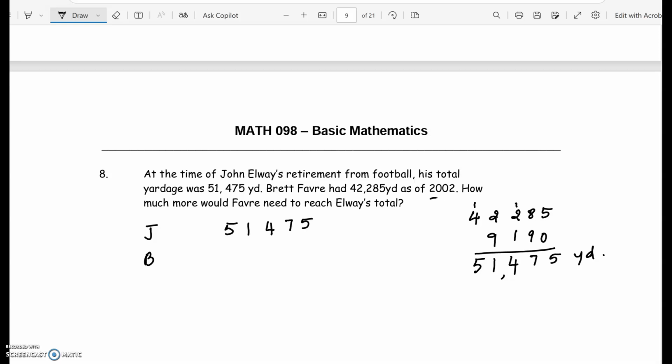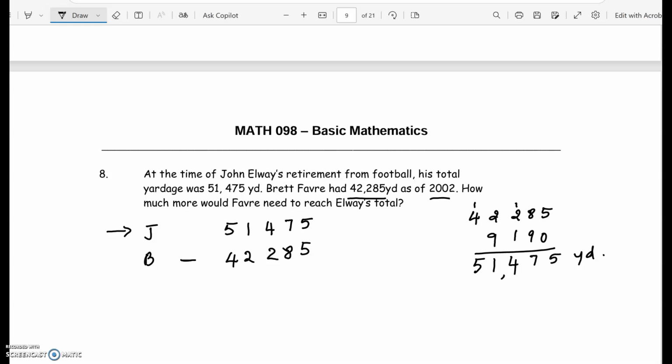In 2002, Brett's yardage was 42,285. Close, but yet John's number is larger than Brett's number. By how much more is John's number larger than Brett's number?